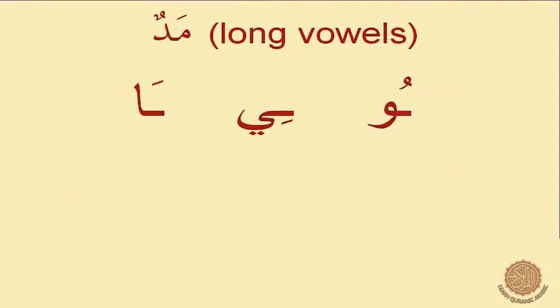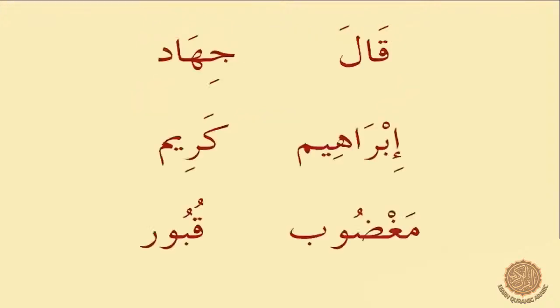Inshallah, we'll go through some words to see how the long vowels are pronounced. So here are some words. First one here is qala. Notice the elongation of the A sound. Qala, not qala. So we have the fatha on the qaf, followed by the alif. Next word is jihad. So here we have ji, that's the first syllable, and then had, jihad.